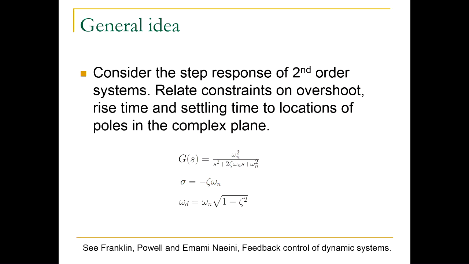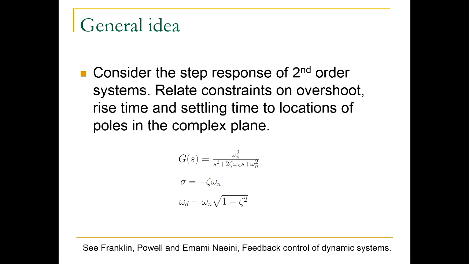And omega n is the undamped frequency. By the way, omega n is like the distance of the poles from the origin. That's like polar coordinates. And zeta is related to the angle, right? So zeta and omega n are related to polar coordinates, and sigma and omega d are Cartesian coordinates for the poles of this transfer function.